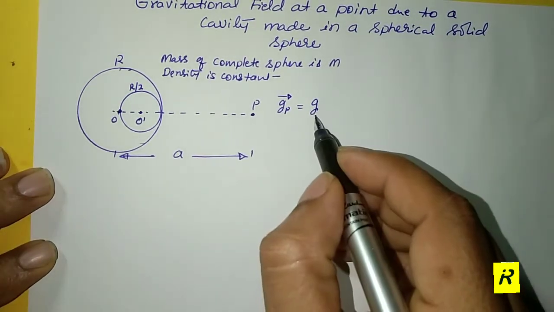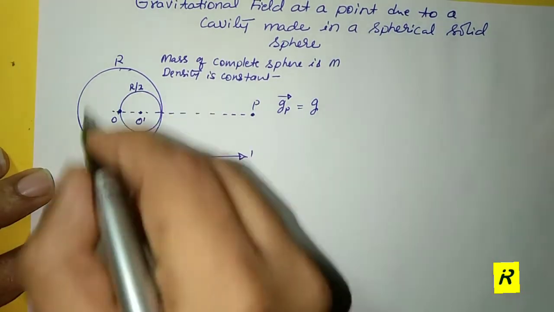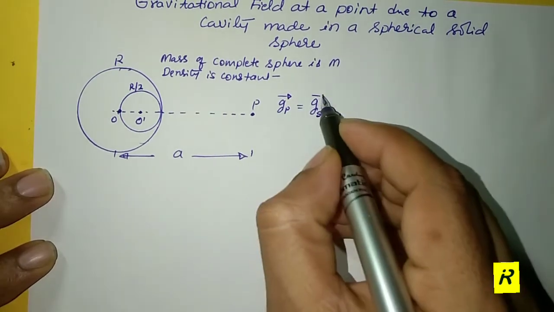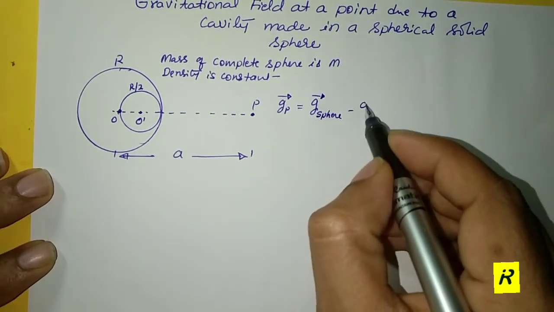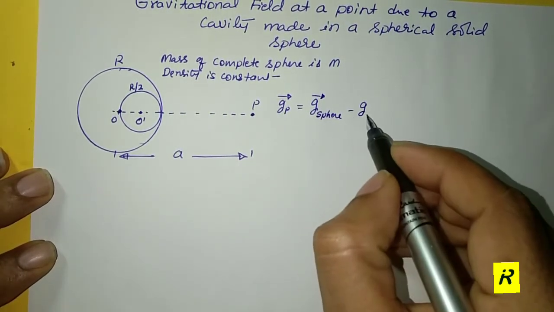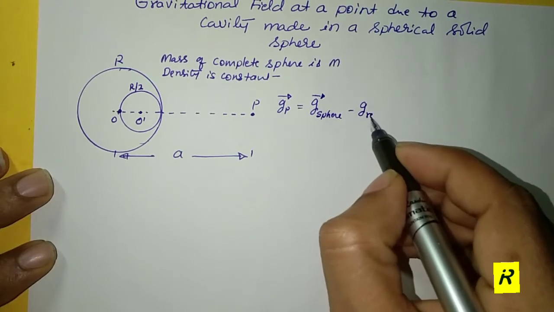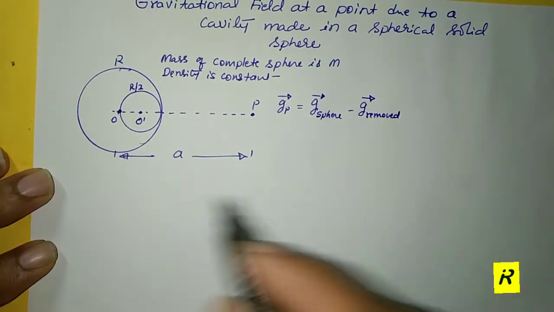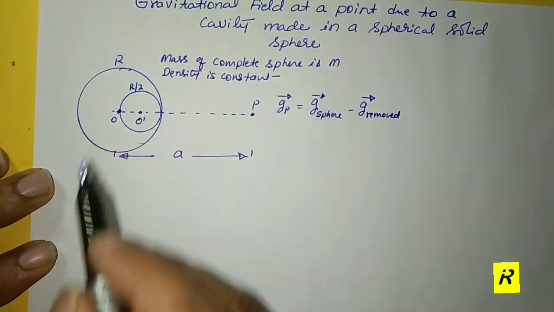The two terms are the same. So this g due to the complete sphere minus the gravitational field due to the removed mass which is causing the cavity.